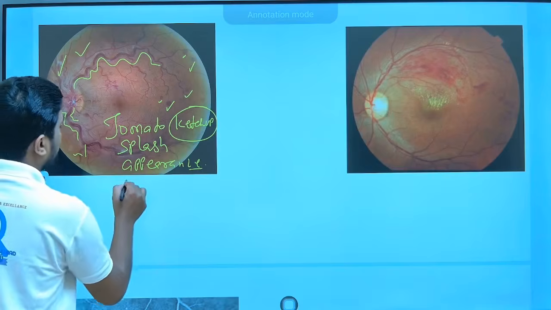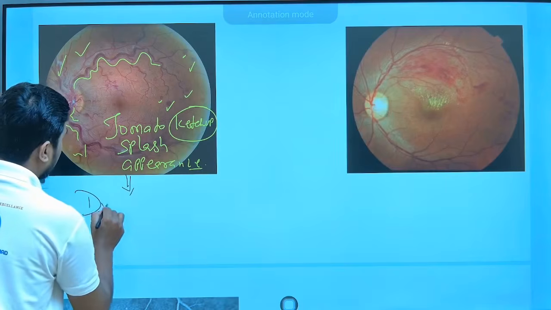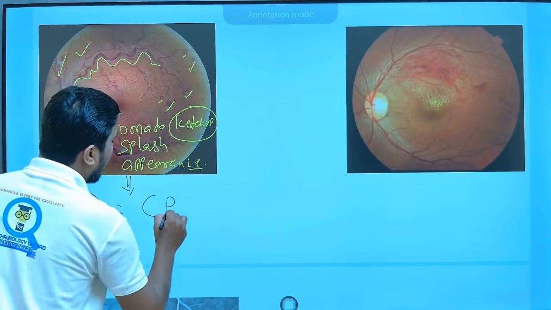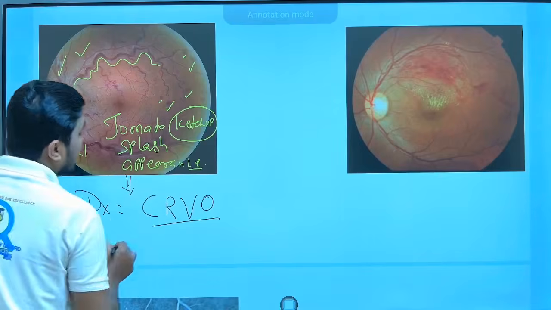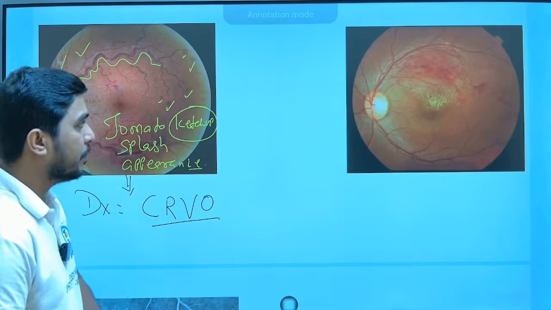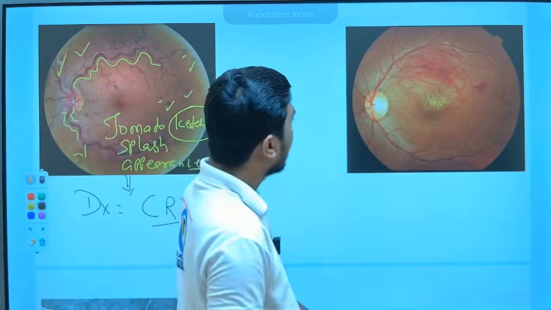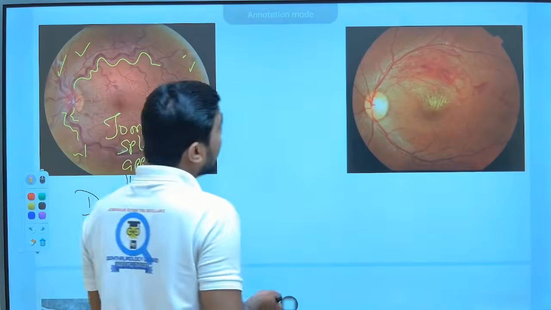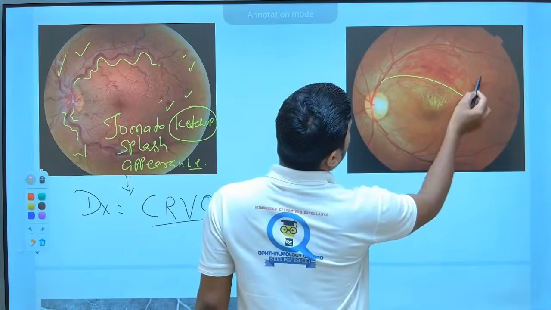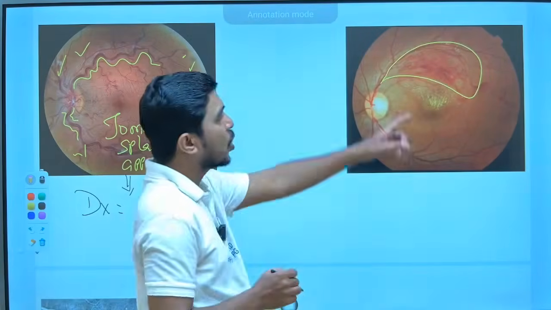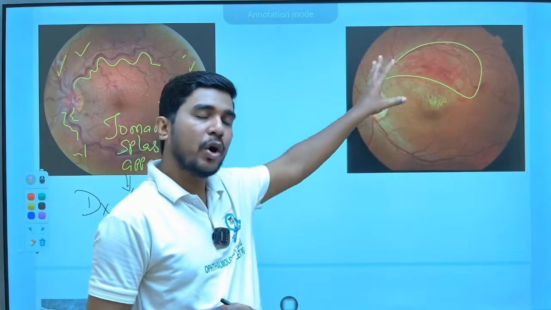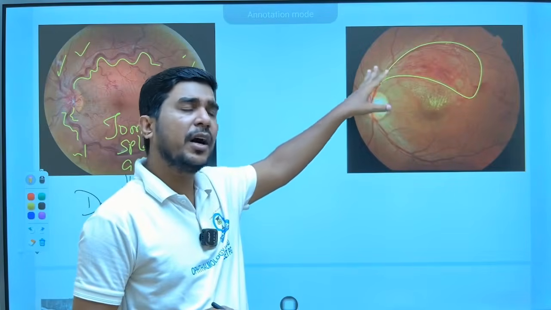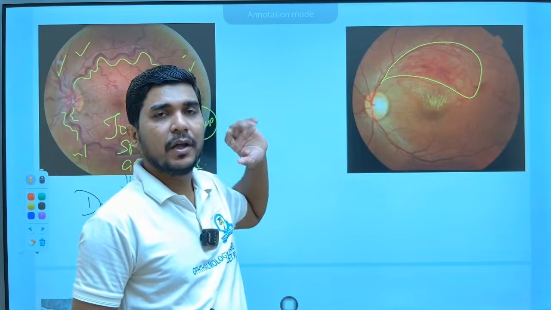The diagnosis is CRVO, that is central retinal vein occlusion. Okay. Now, if you look carefully, the hemorrhage is only in this area. A quadrant or part or portion of the retina is involved.